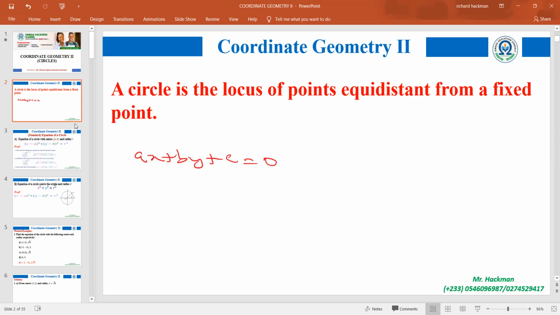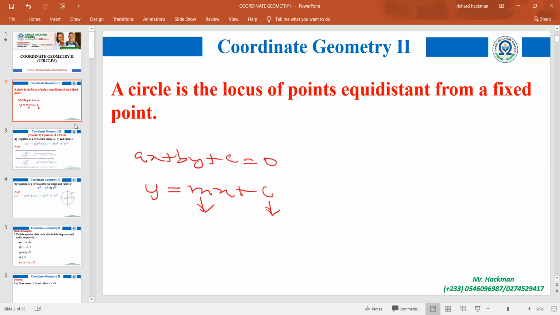And we can have the equation also in the slope-intercept form, which is y = mx + c, where m is the slope, which is the same as the gradient, and c is the y-intercept.